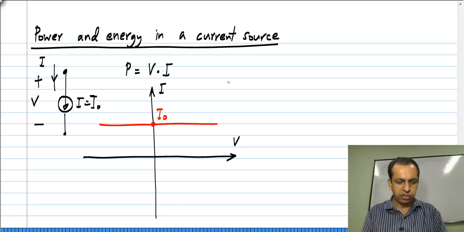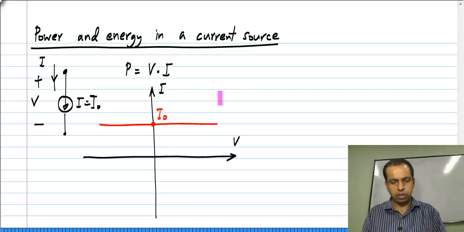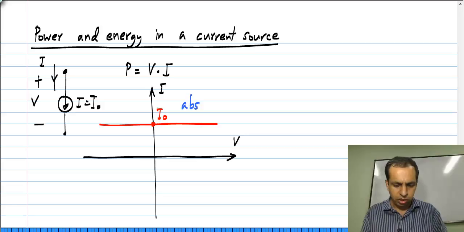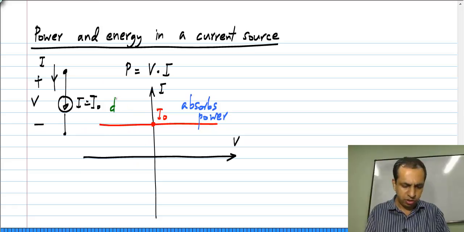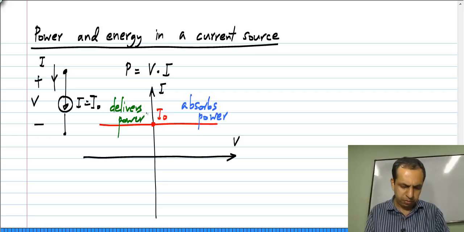So, as before, we see that in the first quadrant, where the voltage and current are both positive, the current source absorbs power, whereas in the second quadrant, where the current is positive and the voltage is negative, the current source delivers power.